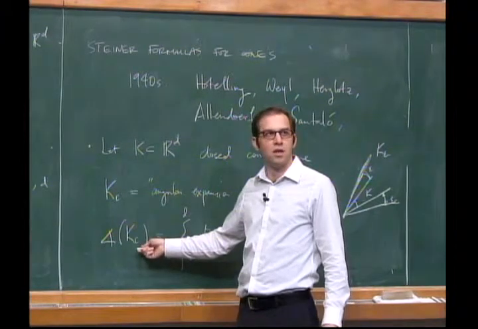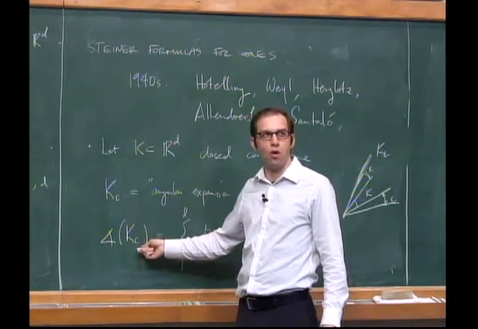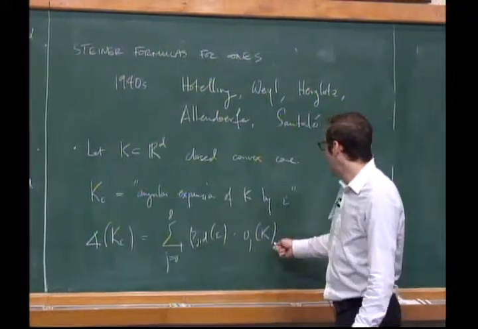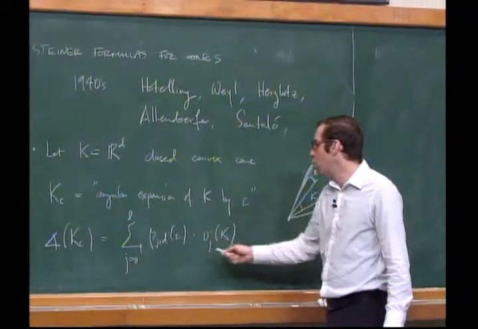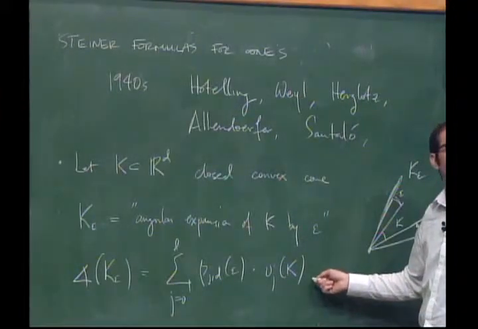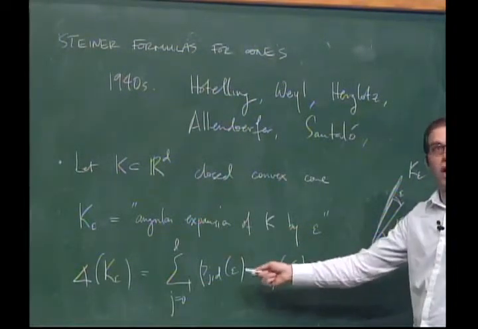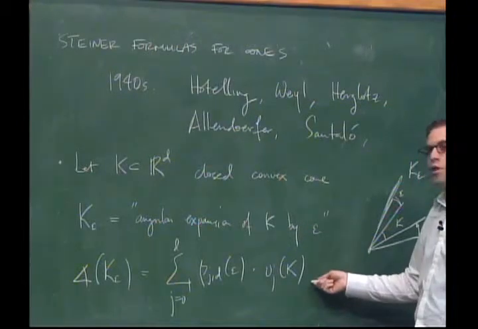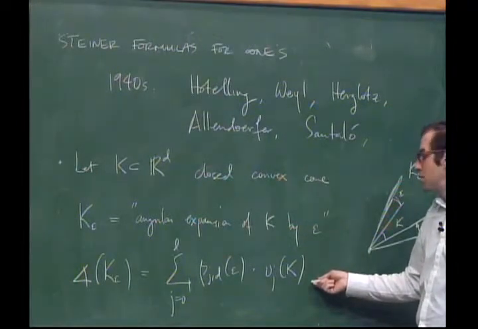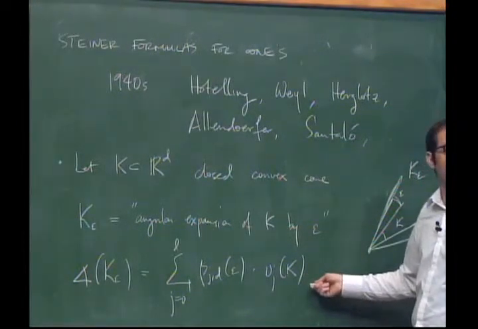Okay? So this is something that's defined by making the cone a little bit bigger. And you can think about this as a moment of the intrinsic volumes. It's a linear functional of this sequence with these parameters here. And so the idea is that if you could collect some moments of this sequence, you could determine the sequence, or at least determine things about the sequence.